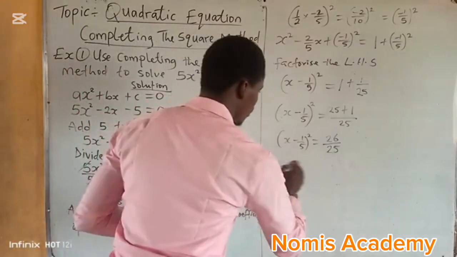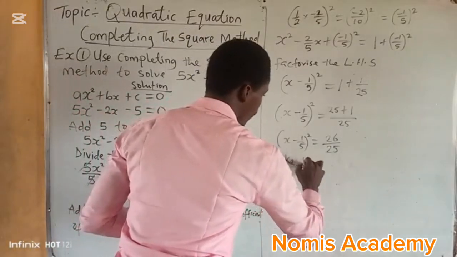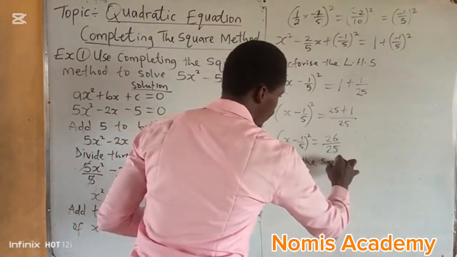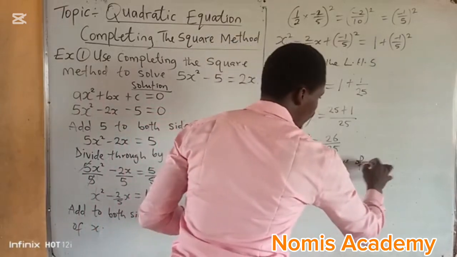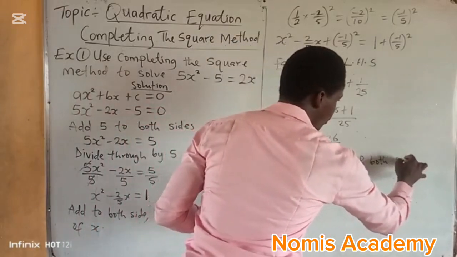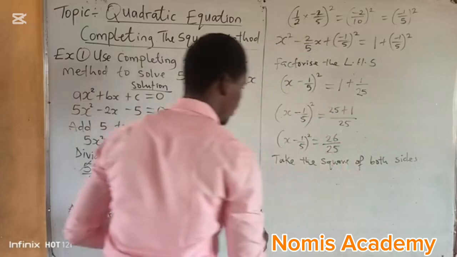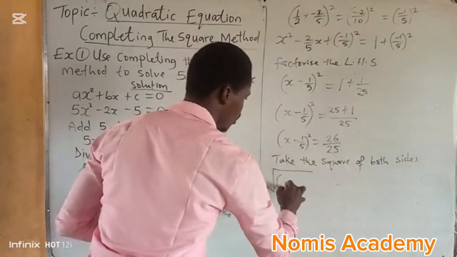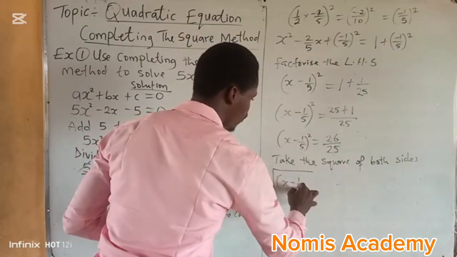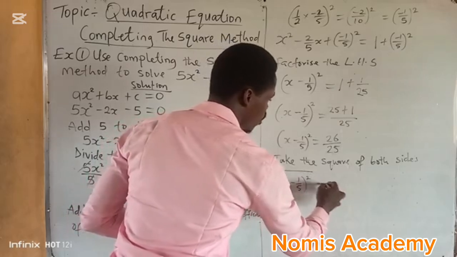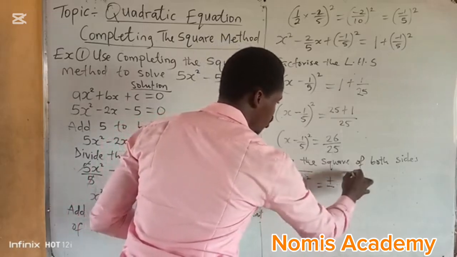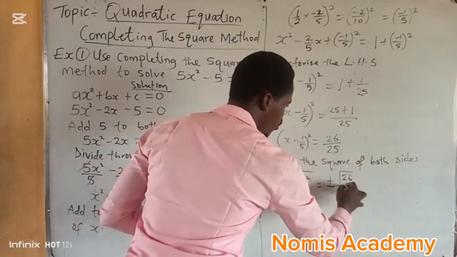So we have, take the square root of both sides, and that will be x minus 1 over 5 square equal to plus or minus square root of 26 over 25.